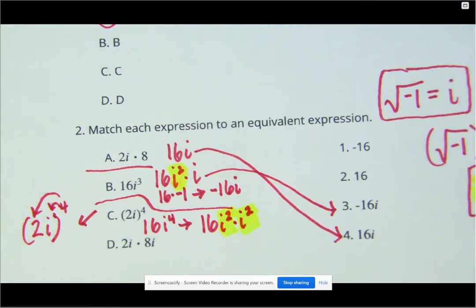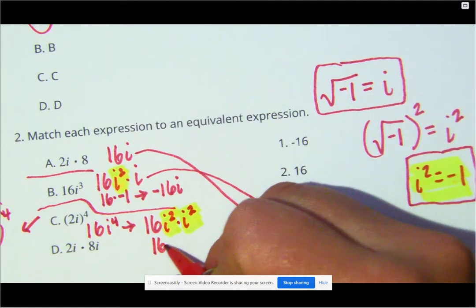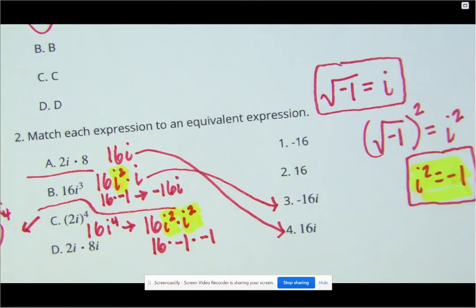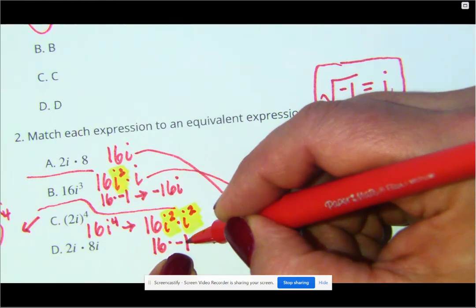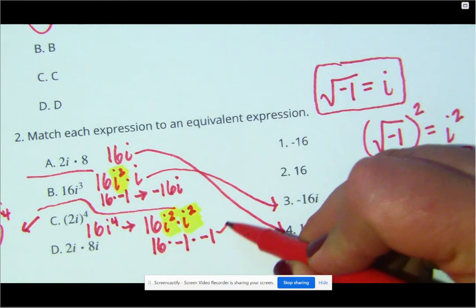So anytime you can break it down to an i squared, that's helpful because i squared is equal to -1. So this is actually 16 times a -1 times another -1. So 16 times -1 is -16, times another -1 is +16.